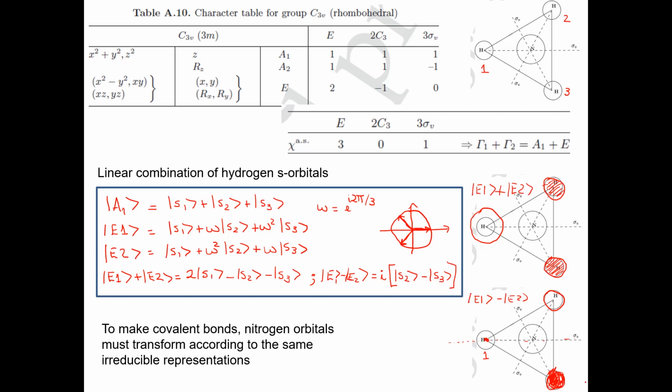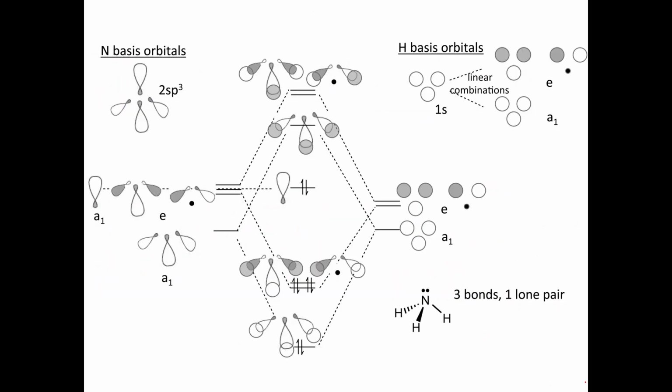Only combinations with the same symmetry can be used to construct molecular orbitals. That's the idea, and in this diagram, this is explained.